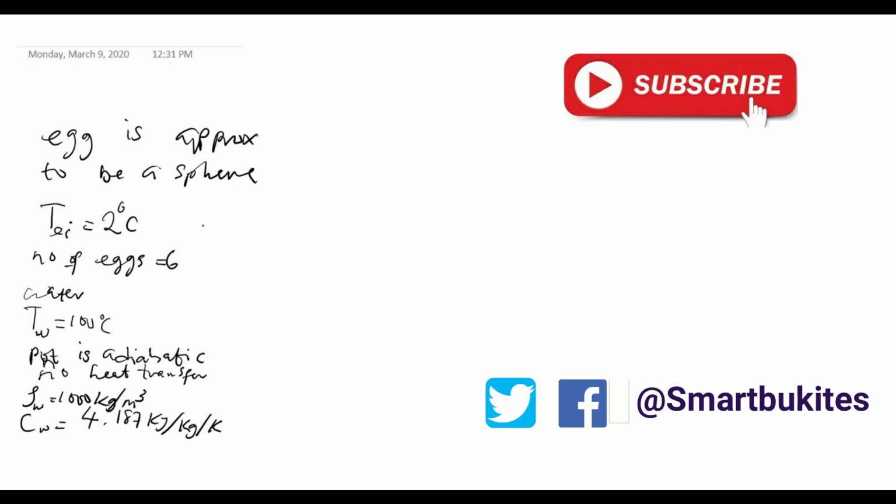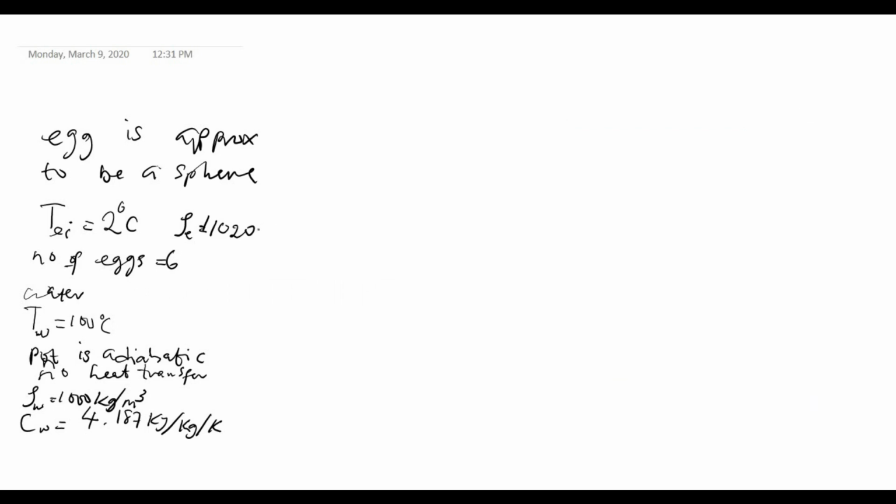And that of the egg, we're told the density of the egg is equal to 1020 kilogram per meter cube, and the specific heat capacity of egg is 3.3 kilojoules per kilogram per Kelvin.